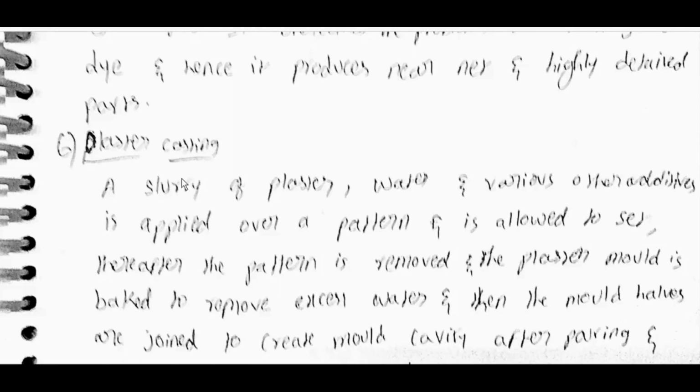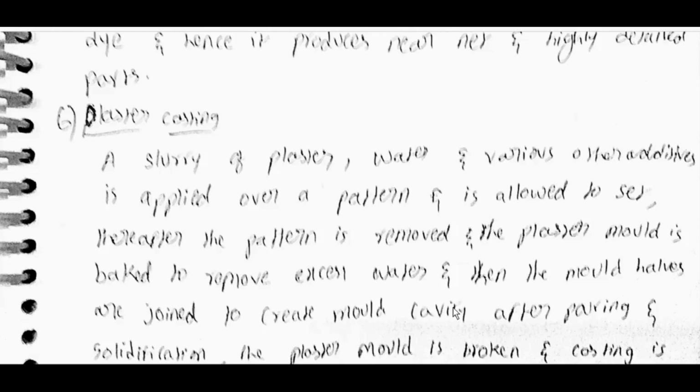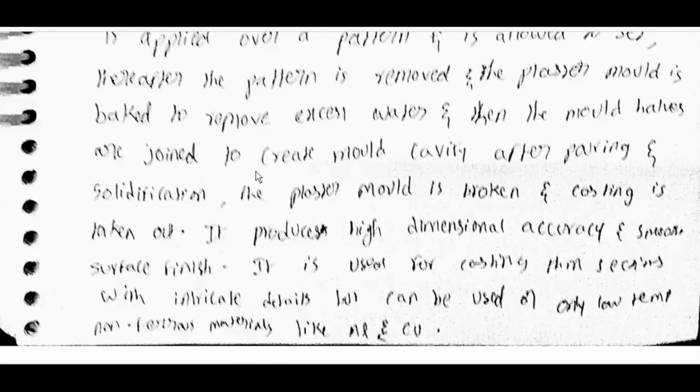Plaster casting: a slurry of plaster, water, and various other additives is applied over the pattern and is allowed to set. Thereafter, the pattern is removed and the mold is baked to remove excess water, and then the mold halves are joined to create the mold cavity. After pouring and solidification, the plaster mold is broken and the casting is taken out.